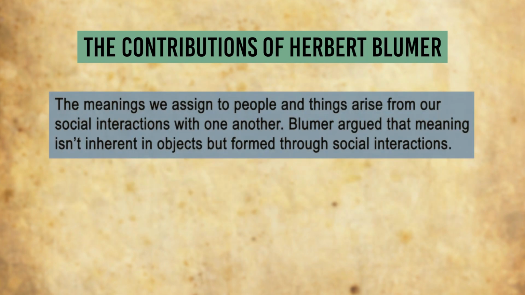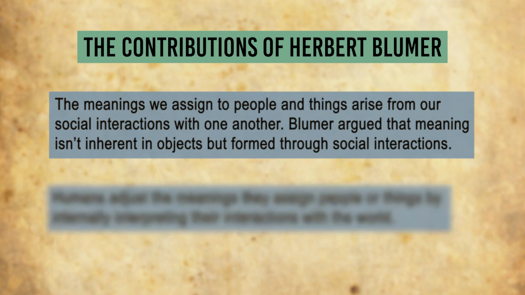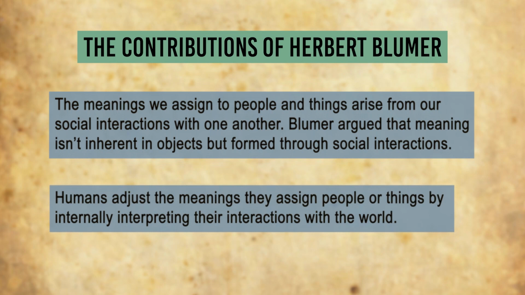The meanings we assign to people and things arise from our social interaction with one another. Blumer further argued that meaning isn't inherent in objects but formed through social interaction, and humans internally interpret their interactions with the world.